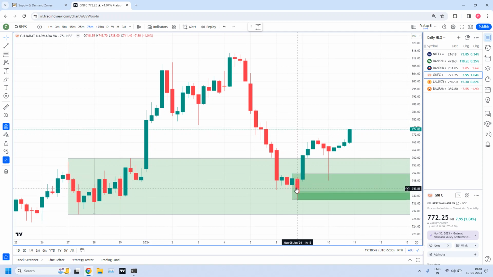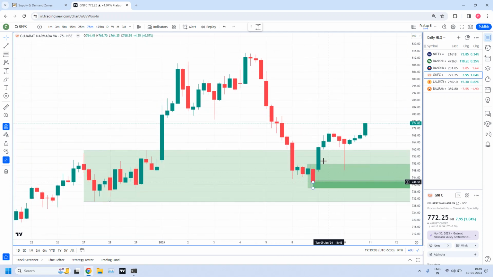Yes, a medium-sized leg candle. Sometimes medium-sized leg candles might be part of the base. If base candles are already there, a medium-sized base candle, sometimes you may consider. After that you have a rally candle, or maybe after that you may have a drop candle. Sometimes that consideration will be there. These are all exceptional scenarios.